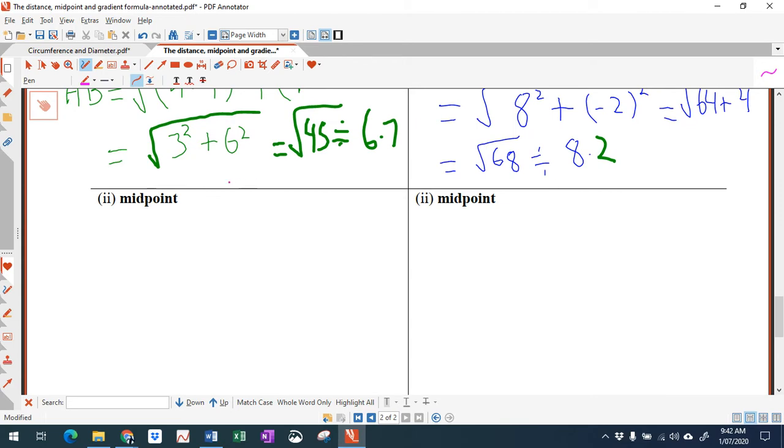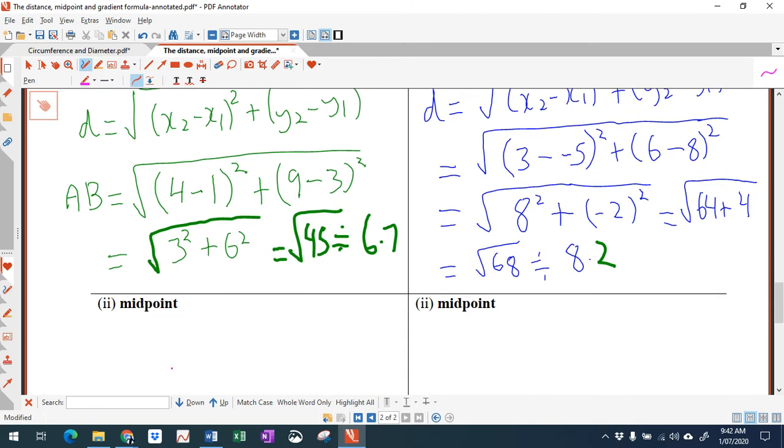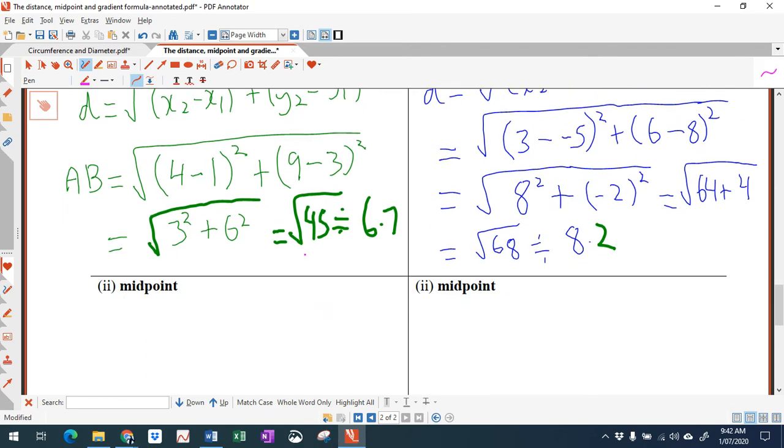And here we go, the questions. Now here we've got the 2 points, 1, 3, and 4, 9. And here's another pair of points. You've got to find the midpoint of those points. So let's do that. So we've got 1, 3, and 4, 9 for the first one. So let's write that down.